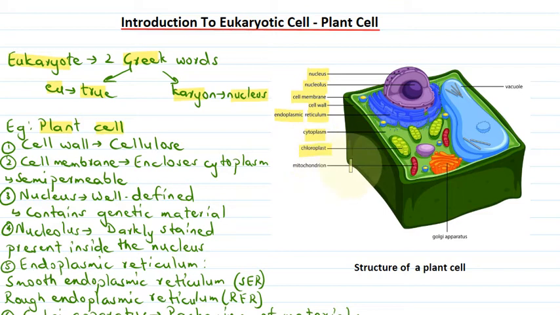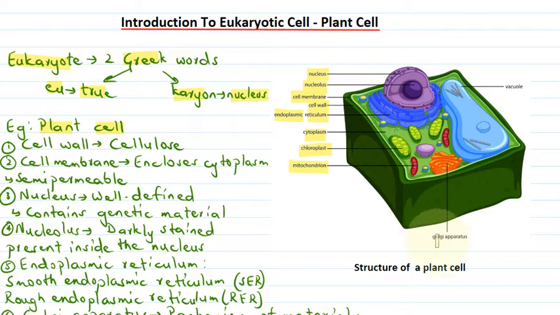Then there is chloroplast. Chloroplast is a special organelle present in plants that is absent in animals. Chloroplast is the site where photosynthesis takes place, by which the green plants prepare their own food. This is the organelle where the green pigment called chlorophyll is present, that helps to perform the process of photosynthesis. Then there is mitochondria. Mitochondria is called the powerhouse of the cell, as this is the organelle where the energy is generated by aerobic respiration.